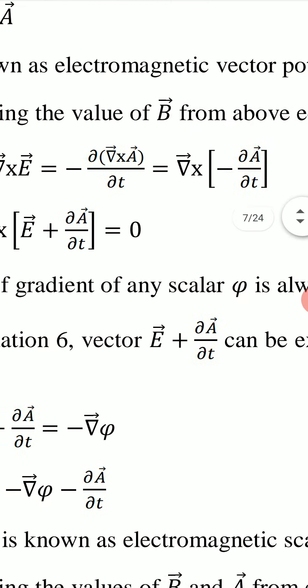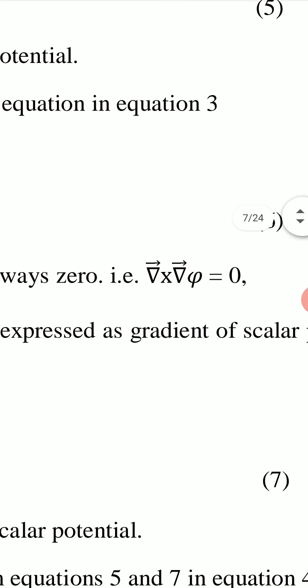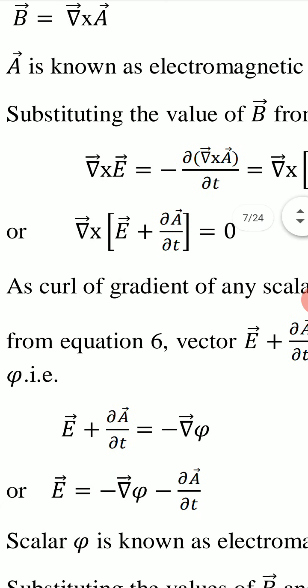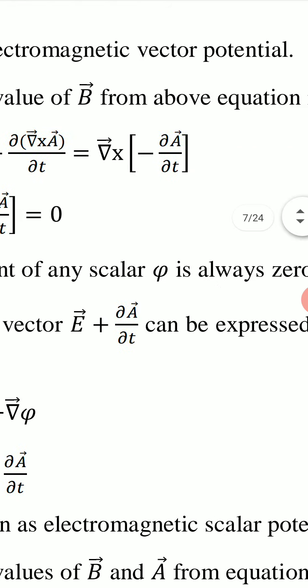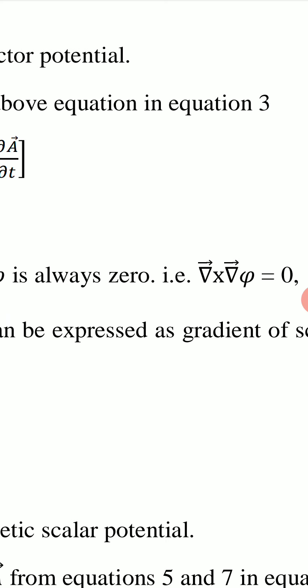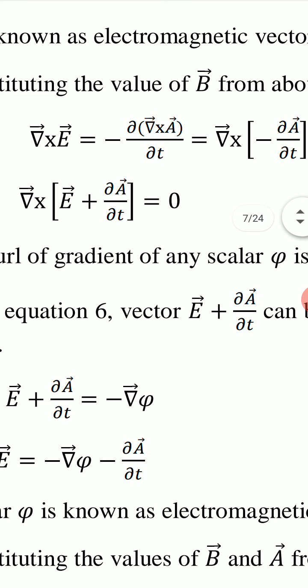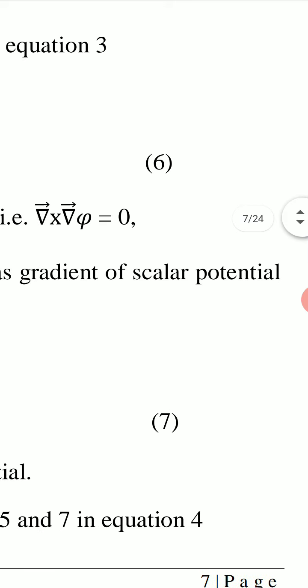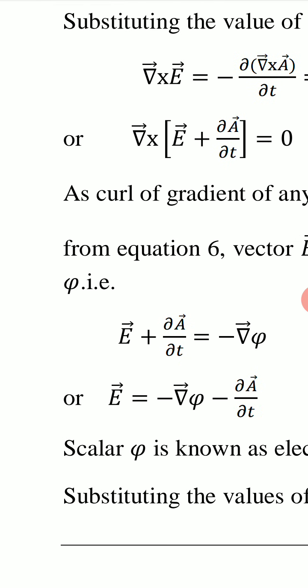As curl of gradient of any scalar φ is always 0, that is del cross del φ is equal to 0. So from del cross (E plus ∂A upon ∂t) equal to 0 and del cross del φ equal to 0, we can write the bracket term E plus ∂A upon ∂t as gradient of scalar potential φ, equal to minus del φ.